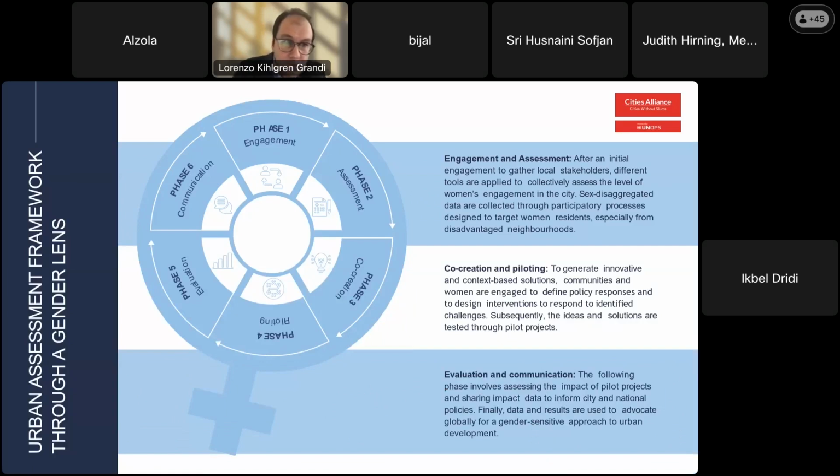So first of all, we engage stakeholders, including citizens, key actors. And after this initial engagement, this engagement involves identifying key stakeholders and organizing dialogues with local policymakers to understand their perspectives on women's engagement, to collect data and discuss existing policies.